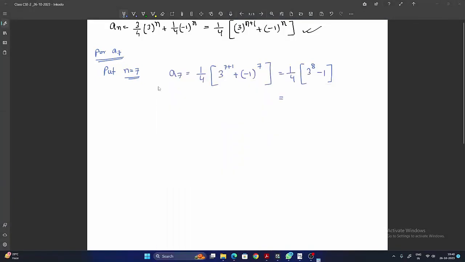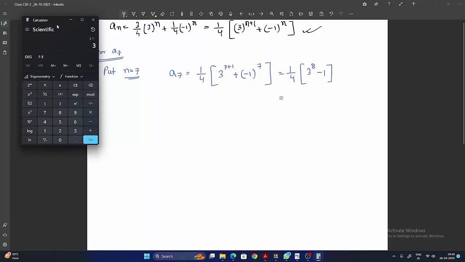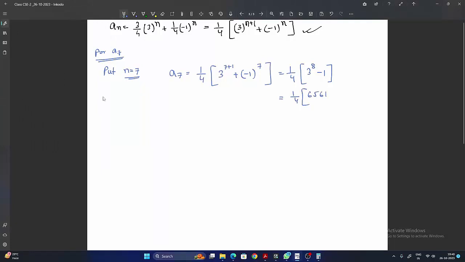It is 6561. So 1 by 4 into 6561 minus 1, which is 1 by 4 into 6560, that is 1640. So that is the value of a7, and like this you can calculate the values for any n, 100, 1000, anything. That is the process of solving the recurrence relation.